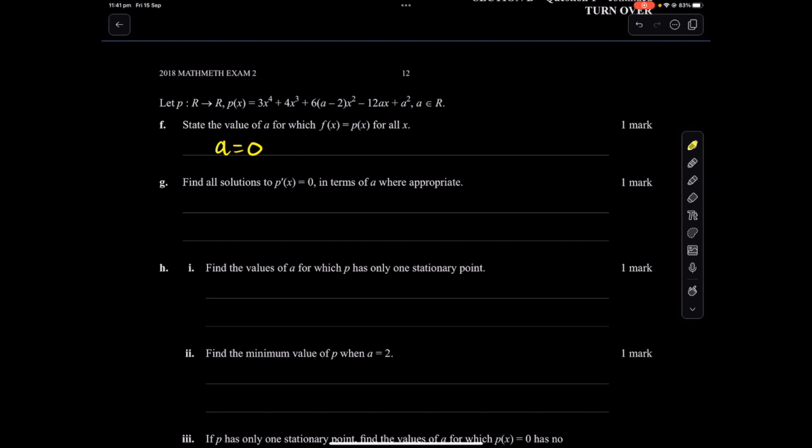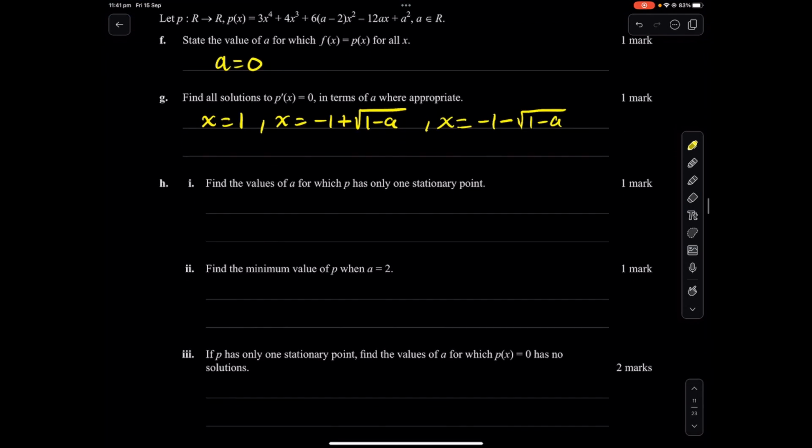Okay, so at x equals 1, at x equals -1 plus the square root of 1 minus a, and at x equals -1 minus the square root of 1 minus a. Oh, I'm supposed to put a minus on one of them actually. Let's put a minus over here. Perfect.